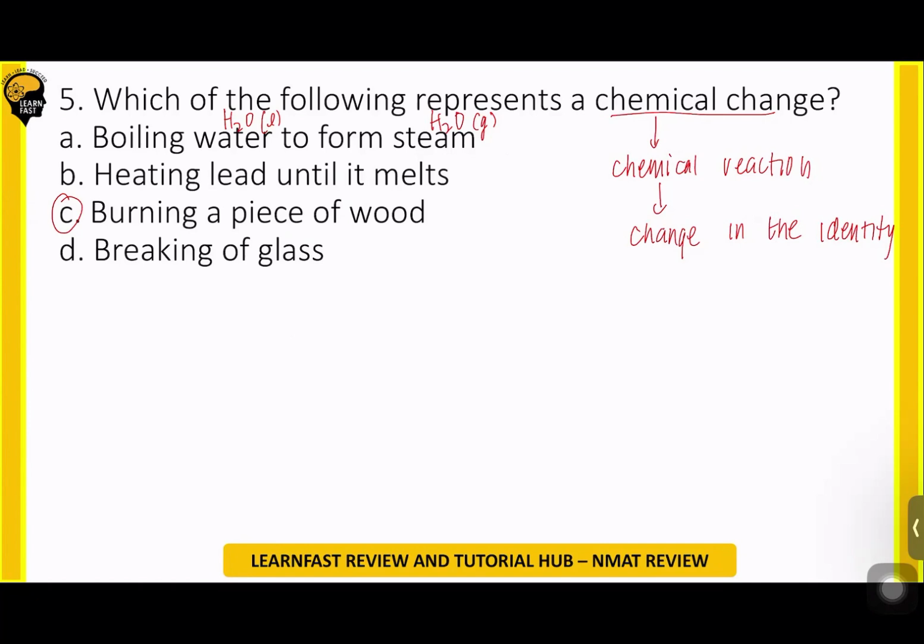On the other hand, the other examples in this question are considered physical changes. There are several examples of physical changes, but a common example, especially for NMAT, that they would give would be phase changes.